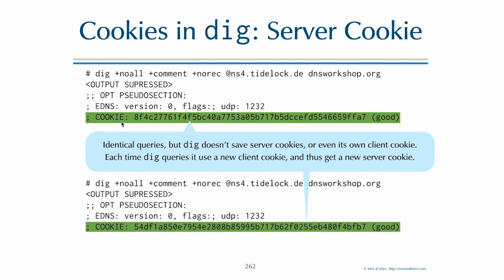A normal client querying the same server for a second time will have a server cookie to send. But dig does not save state, so it ended. And when it sent the new one, there was no server cookie to send, and it used a new client cookie. In fact, the client cookie is the beginning part of the record here and here.